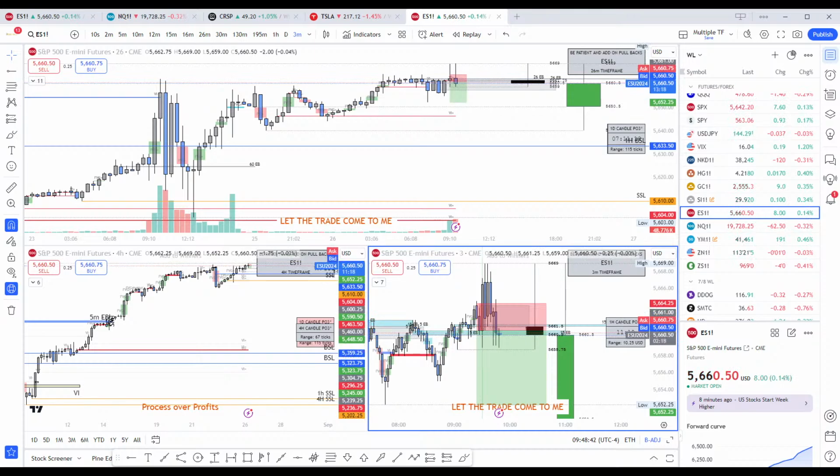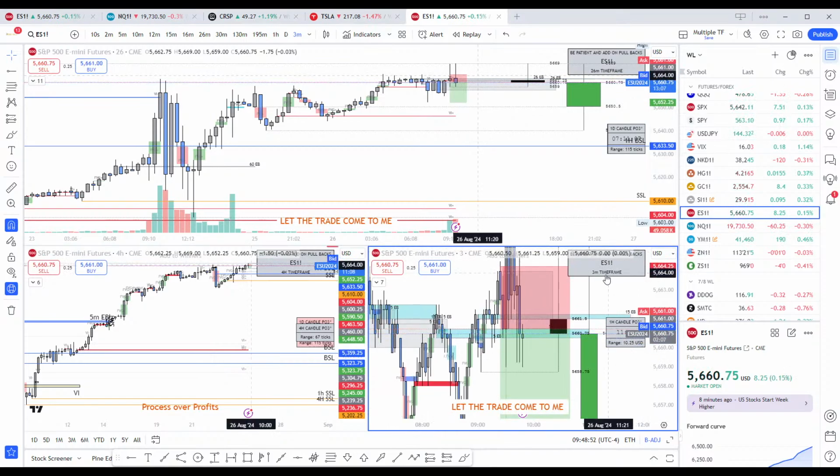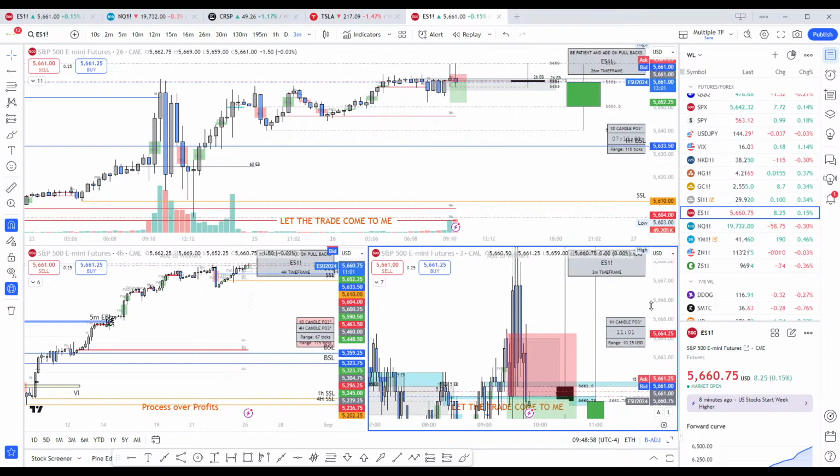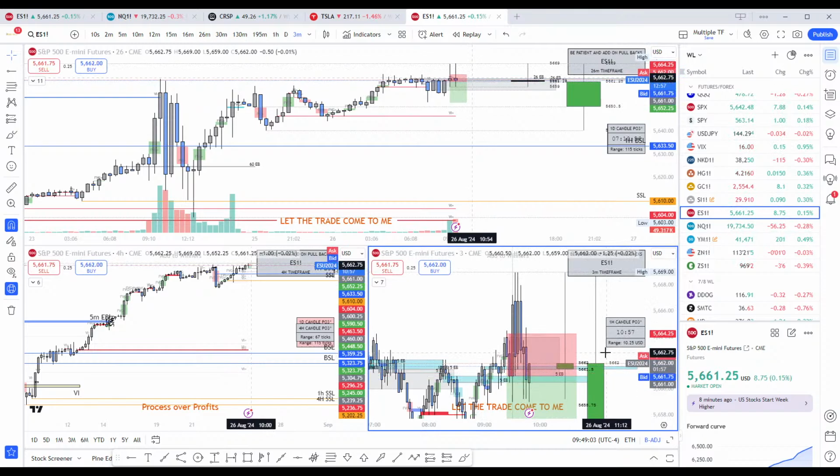2 minutes left here into this 5 minute candle on ES. Did we sweep liquidity? We did.